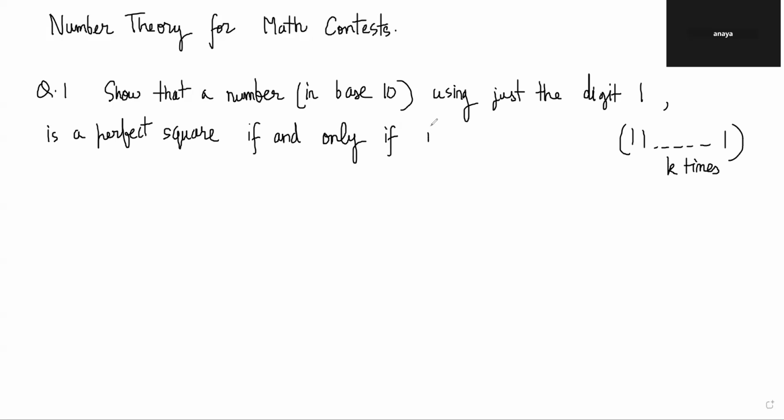Basically, if you have more than one digit, then that cannot be a perfect square. That is what we have to show.